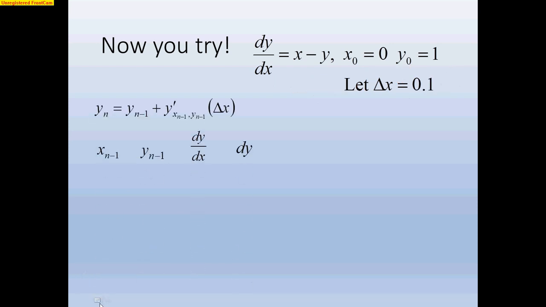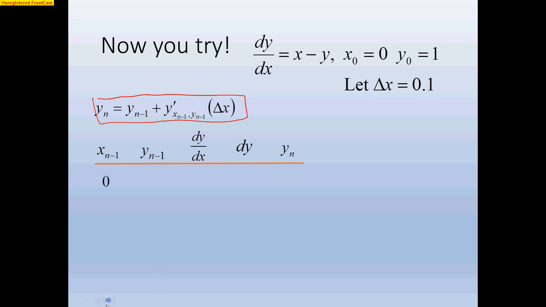So, I'm telling you what your dx should be, 0.1, and I'm going to use Euler's method, and I'm going to organize my work in a chart.